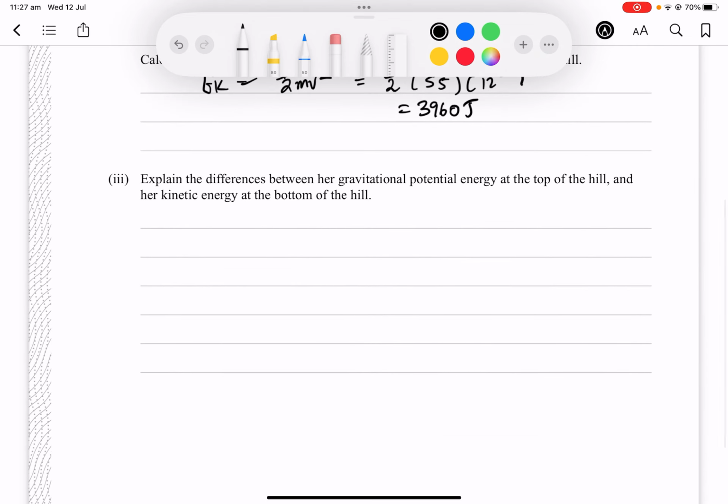Explain the differences between her gravitational potential energy at the top of the hill and her kinetic energy at the bottom of the hill. At the top of the hill, we had an EP of 13,750 joules. However, the EK at the bottom we calculated was 3,960 joules. As you can see, we've lost quite a lot of energy, and this would be due to losses of energy due to heat and friction.